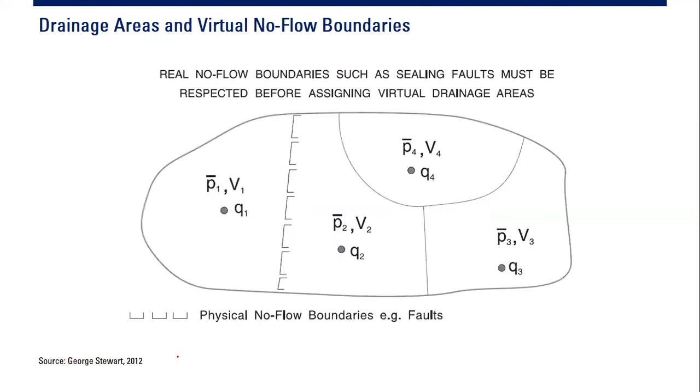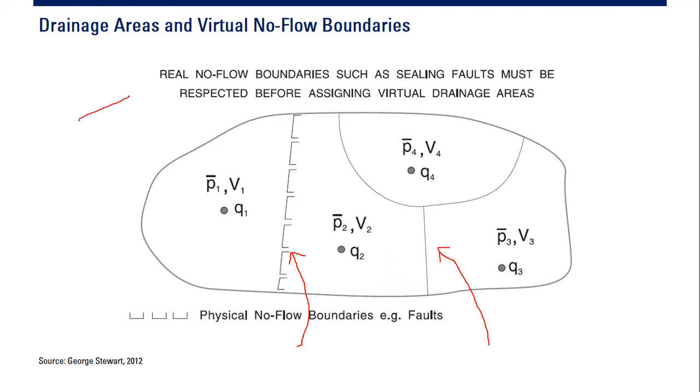So if you know for sure that here you have fault, it can be sealing fault or it can also be leaky fault, you must set the fault first, and then you can consider estimating the virtual boundary shape.